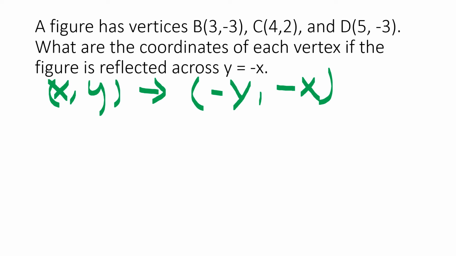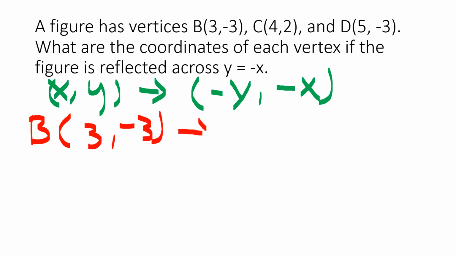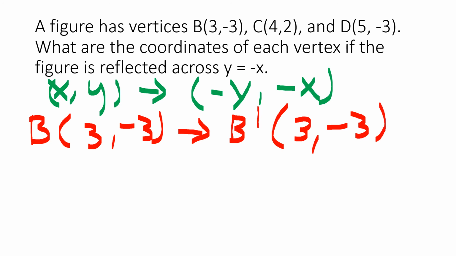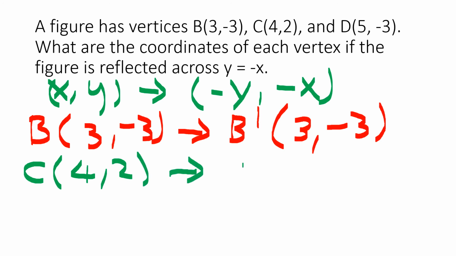Now you have B is (3, -3), B prime will be (3, -3). Then we have C is (4, 2), C prime is (-2, -4).